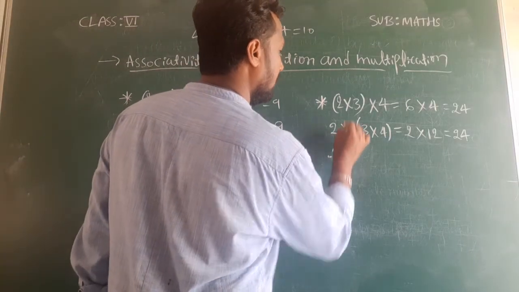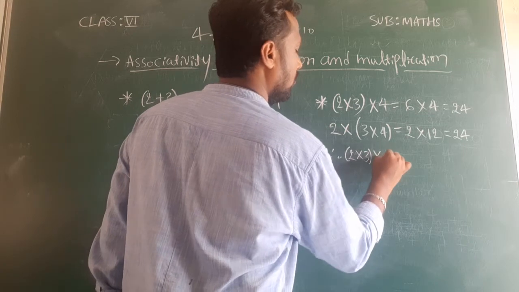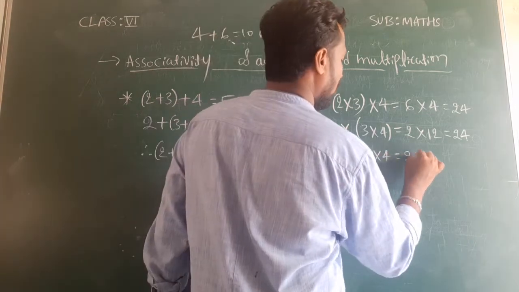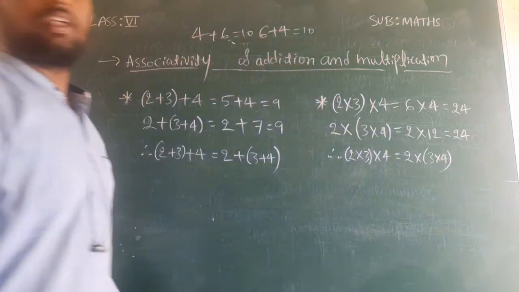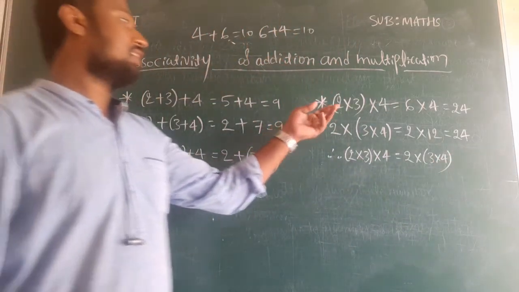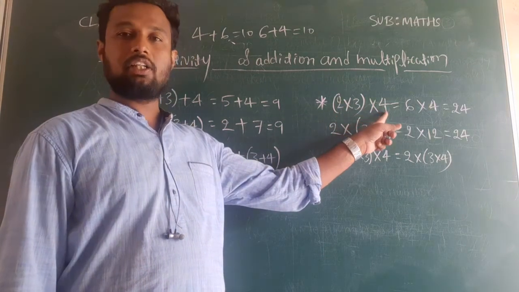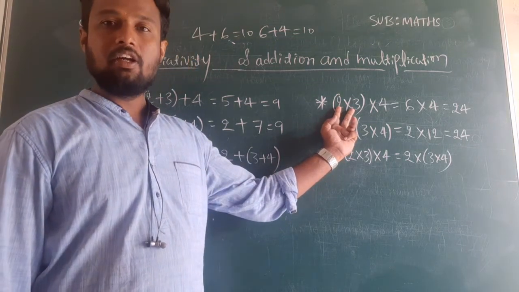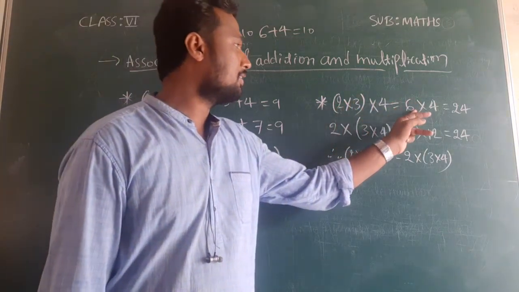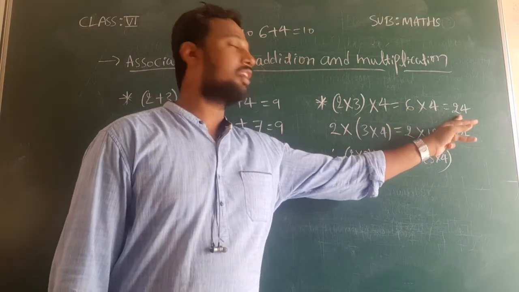Therefore I will write here 2 into 3 into 4 equals to 2 into 3 into 4. Just what we did here, in the first case we considered a bracket for the first two values and we have written one value outside the bracket, and first we will multiply the first two values, 2 into 3 is 6, into 4, and next we will multiply these two values, we will get 24.